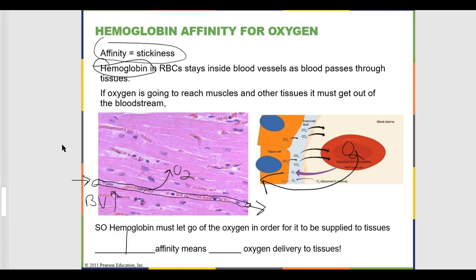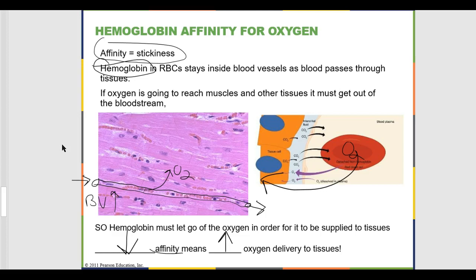So if it's less sticky, then more oxygen is delivered to the tissues. So when you're thinking about highly metabolic tissues, you always want affinity, or stickiness, to be low. And affinity sounds like a good thing.